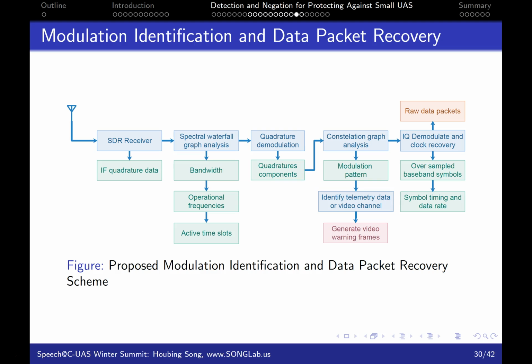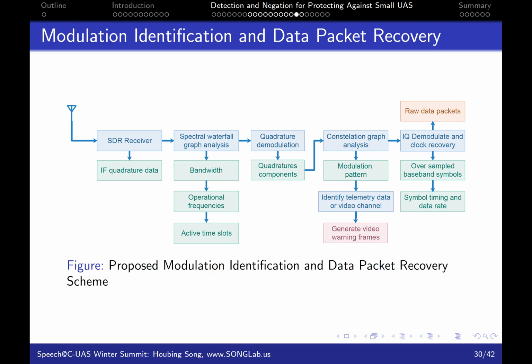So here is the modulation identification and data packet recovery. The proposed modulation identification and data packet recovery set is like this. Also from left to right, with the software-defined radio receiver, we can get IF quadrature data.